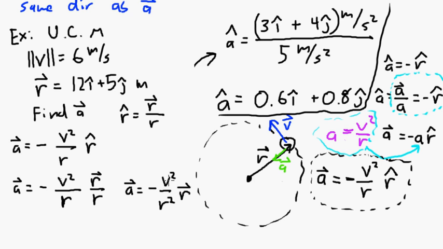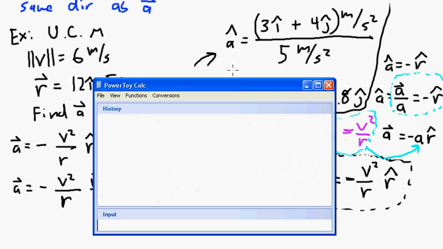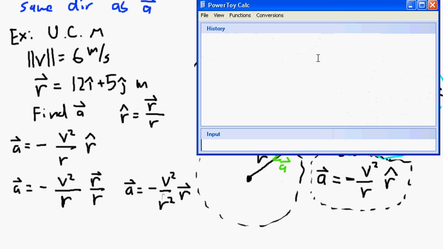And that's actually very easy now, because we just find this magnitude here. We don't even have to take a square root, really. We set our velocity at a magnitude of 6, so negative 6 times 6 is our v squared.